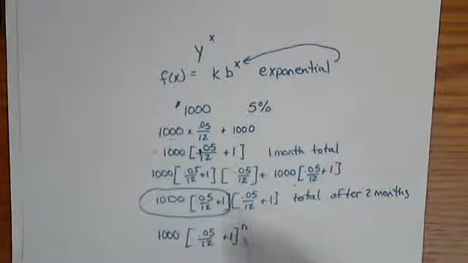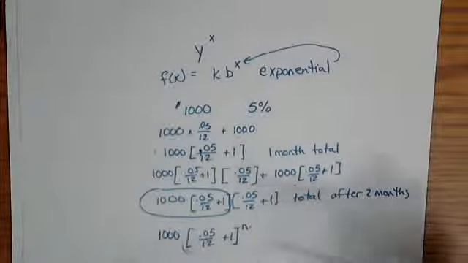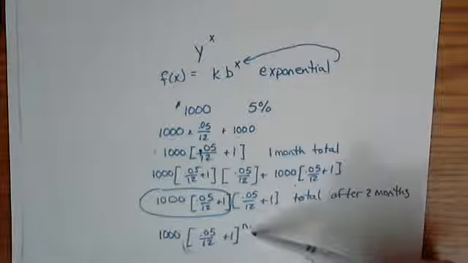If I wanted to do that for a whole year, I would put my 0.05 divided by 12 plus 1, all of that to the n power, and then multiply that answer times 1,000, and I would have my total balance after 12 months of getting that interest rate. So this is kind of how we figured out the problem that we've talked about in class already.